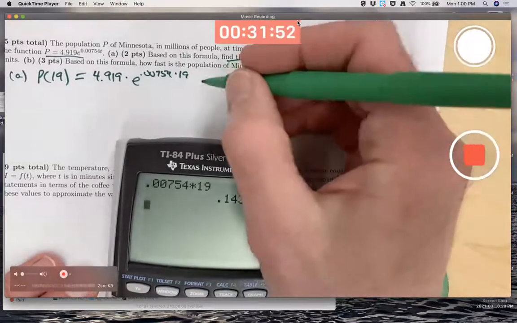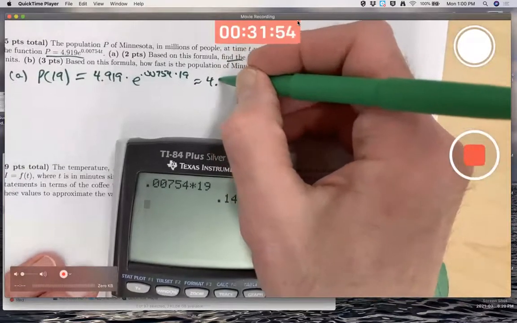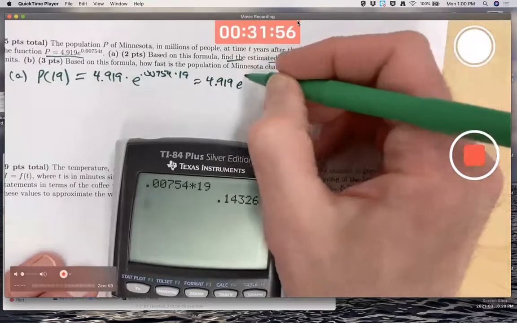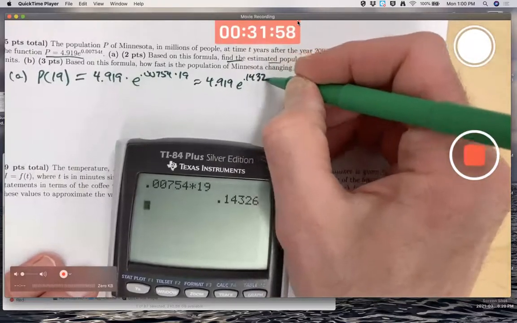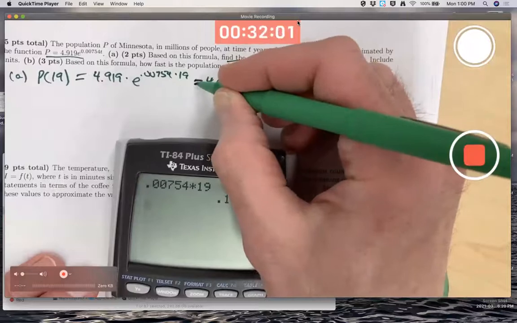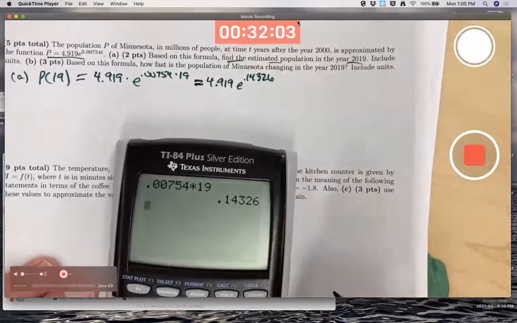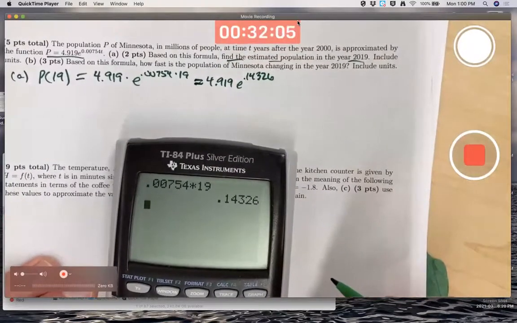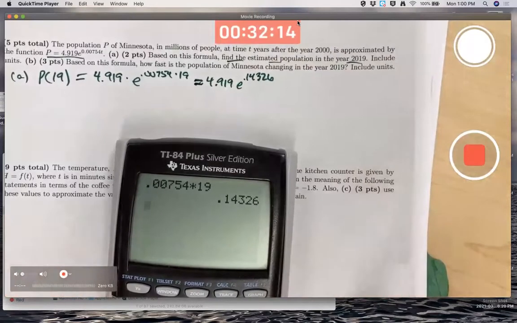It might be good to go ahead and show that here, so that if you make a mistake, I can more easily identify where your mistake was. And if it's a small mistake, I can give you most of the points. Whereas if you just write down the answer and you get it wrong without showing any work, then I have no idea what you did.